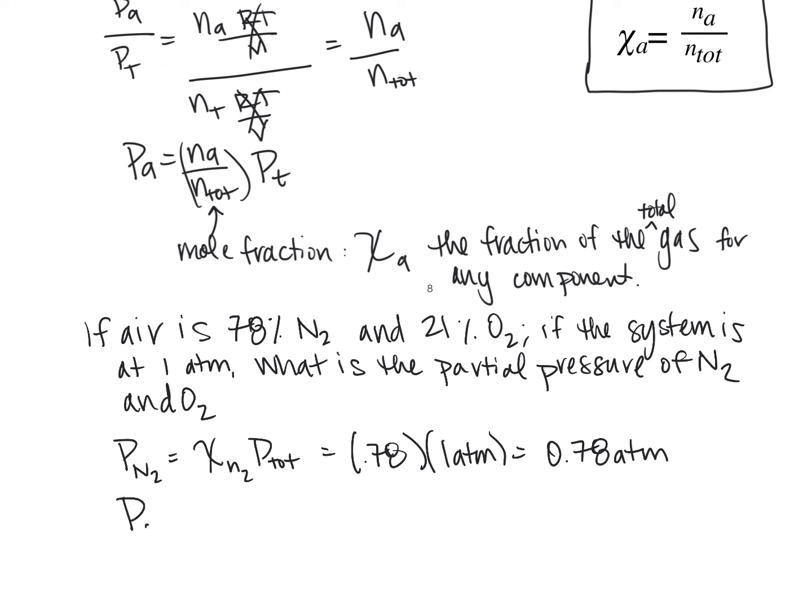So P of O2 is going to be equal to chi of O2 times P total, which is going to be 0.21 multiplied by 1 atmosphere, and that's going to give you 0.21 atmosphere. So we could do this provided you know additional information, and you can imagine these calculations could be as complex as having two masses and adding those together, or having different information.